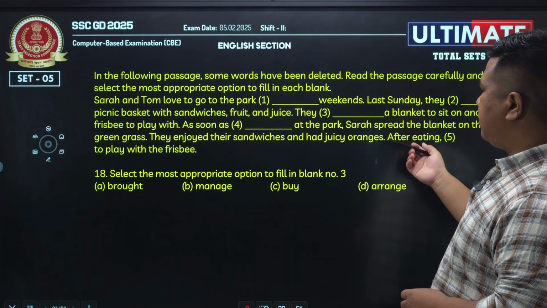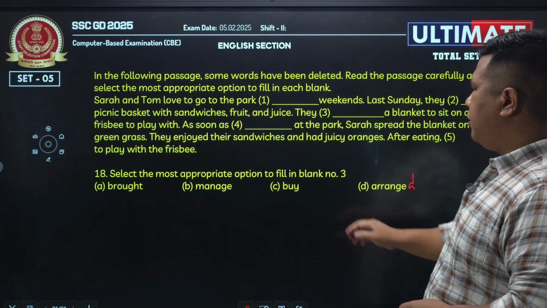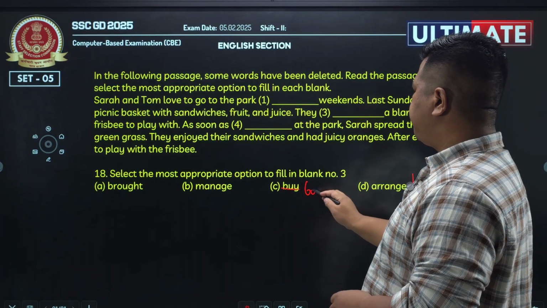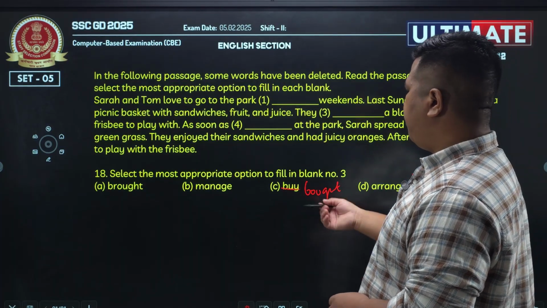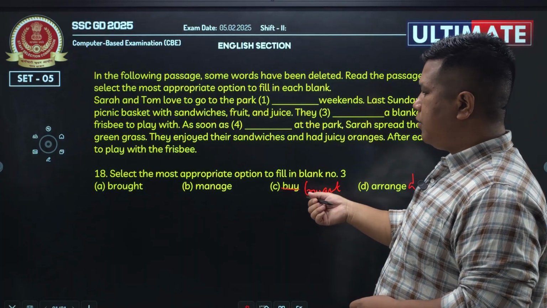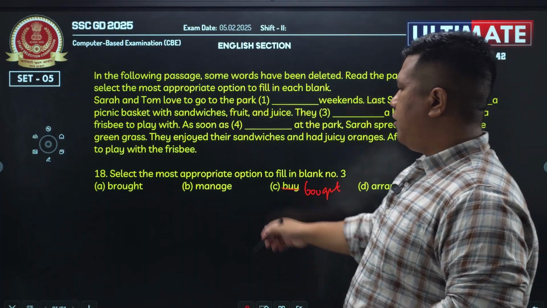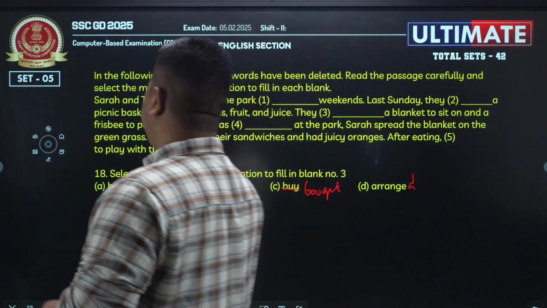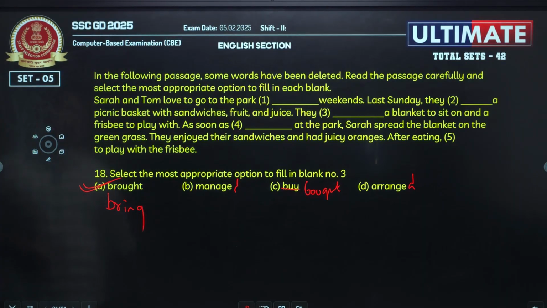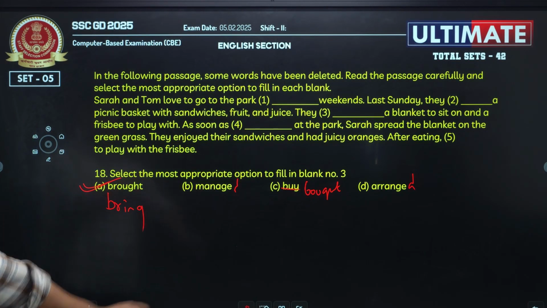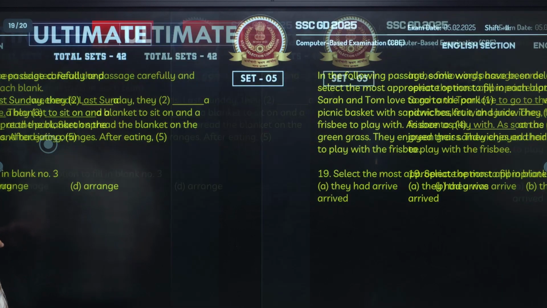So they arranged, they bought. They bought is past tense. So the correct word will be brought. Past tense of bring. They brought a blanket.